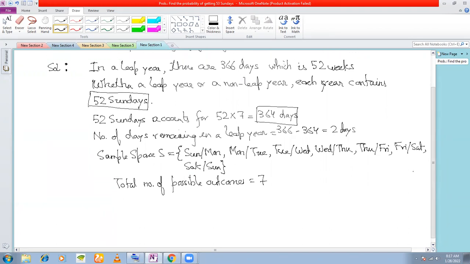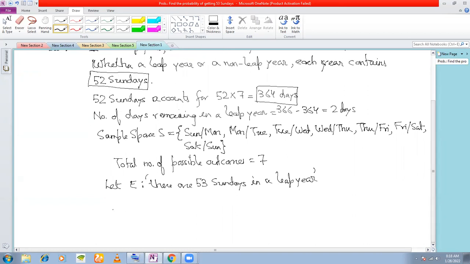Now, let E be the event that there are 53 Sundays in a leap year. Then what should be this set E? What are the favorable outcomes? Out of these 2 days, I must have one Sunday.